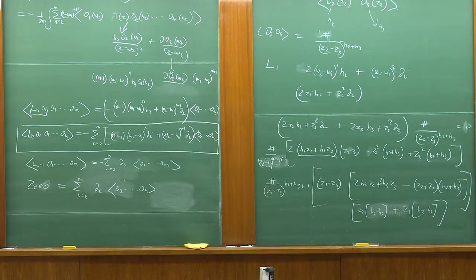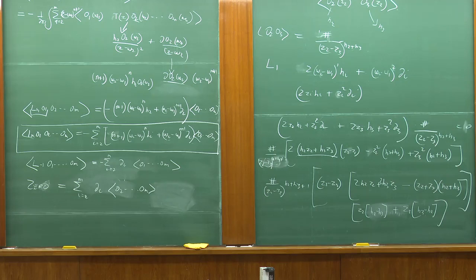So scale invariance and translation invariance didn't give you the condition you wanted. But if you also include invariance under the special conformal transformation, L1, you get what you wanted. Is this clear?